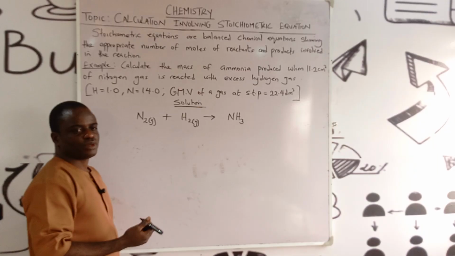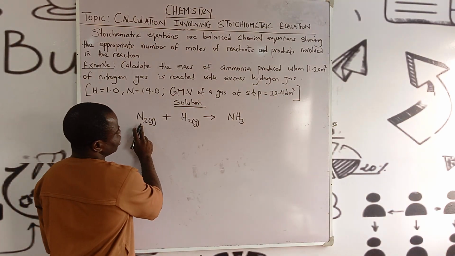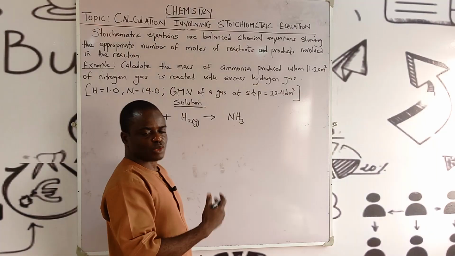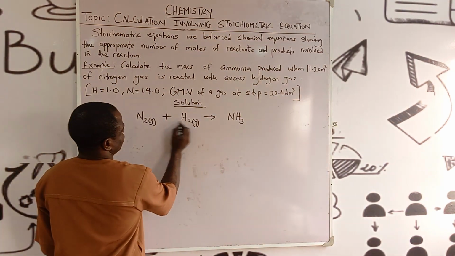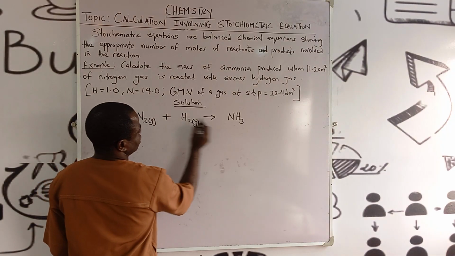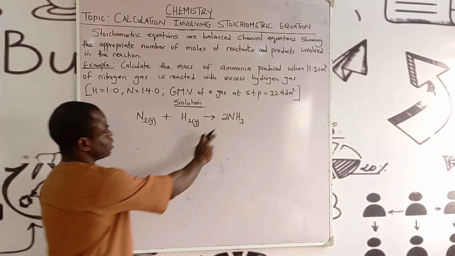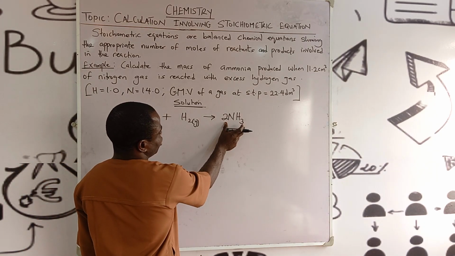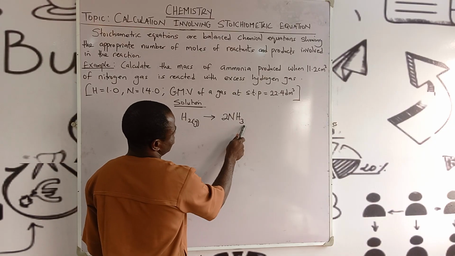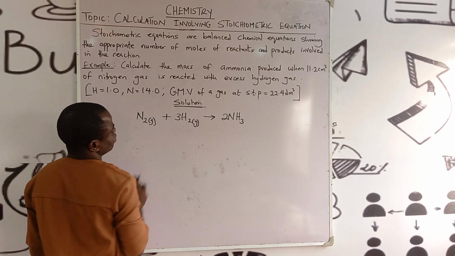Now I want to know how the hydrogen is balanced. You can see we have two nitrogen here. After we balance the equation, we are going to confirm it. Now we have two nitrogen at the product side, balancing with 2. When you are balancing with 2, hydrogen at the product side has become 6. 2 times 3 is 6, so you now add your 3 here.